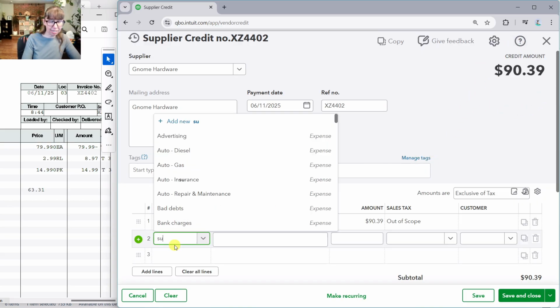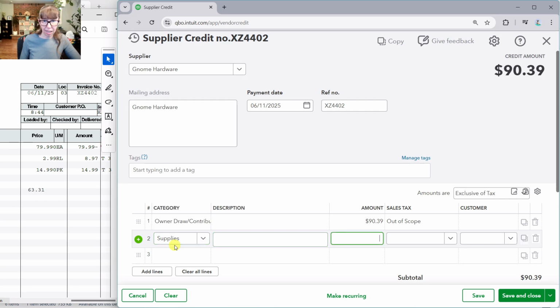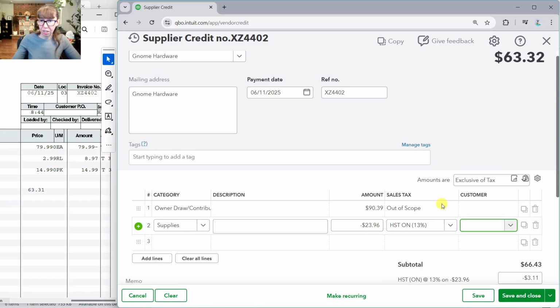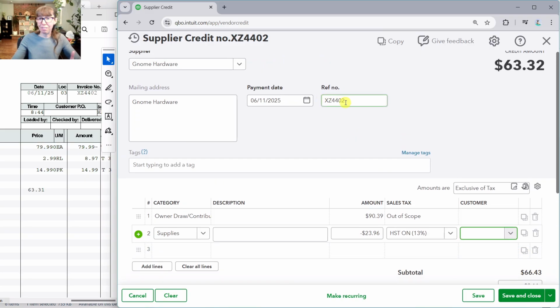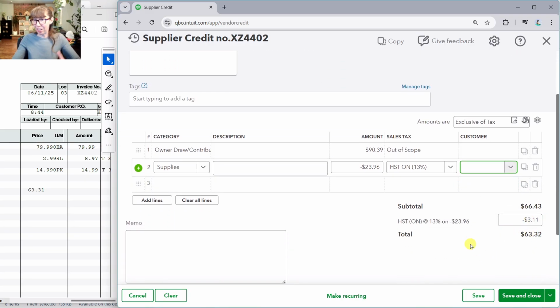So we're going to go ahead and say supplies, and we're going to put in the 8.97 plus the 14.99, tab out, but I'm actually going to make that one negative. And there is HST on there. And so we can see it says negative HST, but a credit's negative, so that's actually a double negative, so that's going to increase our GST/HST credits.